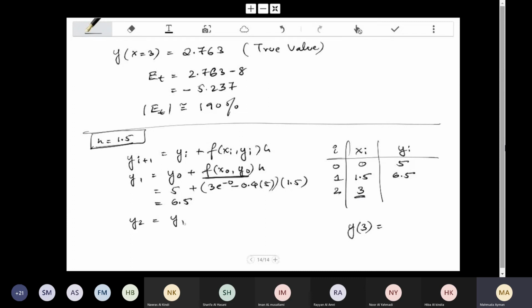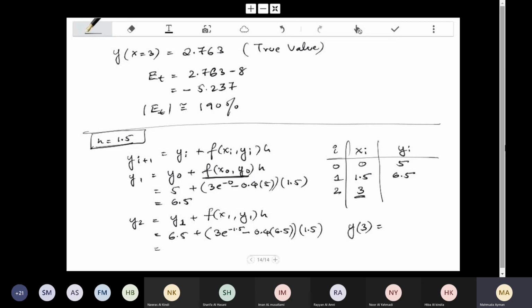And for that we'll have y1 plus f of x1 comma y1 times h. So we have y1 is 6.5 plus, into our function we'll now put the values of x1 and y1. So we have 3 times e to the power minus 1.5, that's x1, minus 0.4 times y1, which is 6.5, times h, which is 1.5.